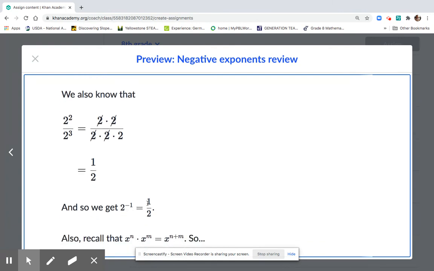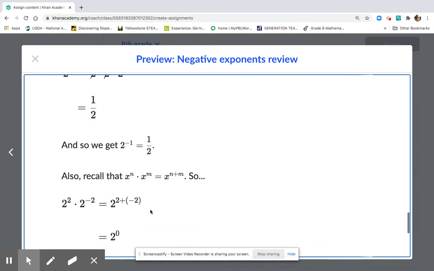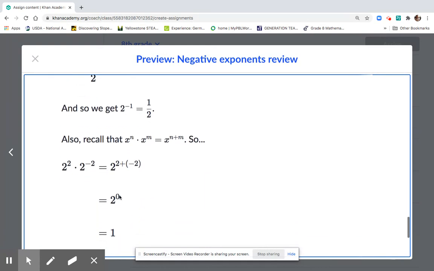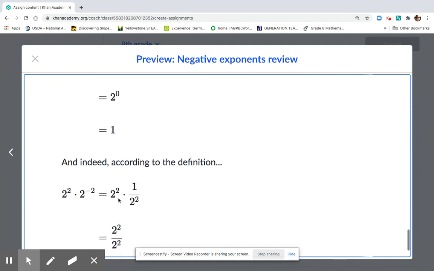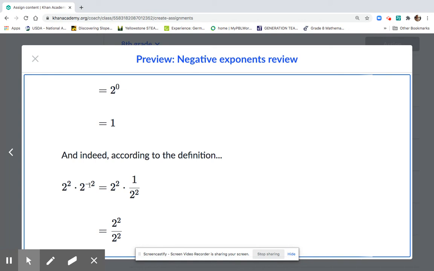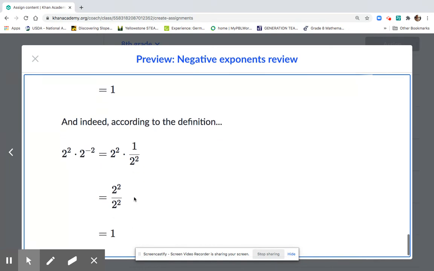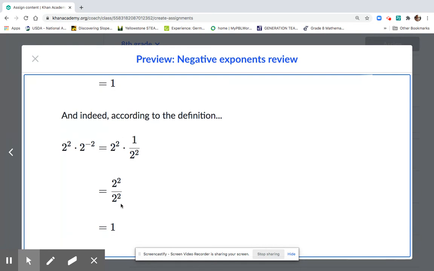And 2 to the negative 1 is equal to 1 over 2, right? Here we see them using the multiplying property where we add the exponents, and 2 plus a negative 2 comes out to be 0 or just 1, right? Likewise, 2 to the negative 2 can be expressed as 1 over 2 squared. And if you're dividing 2 squared by 2 squared, you also get 1.